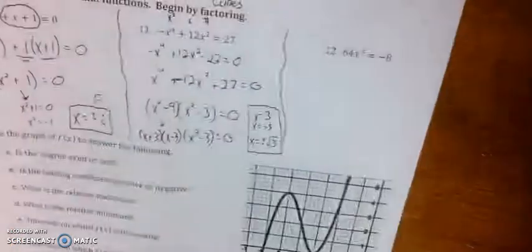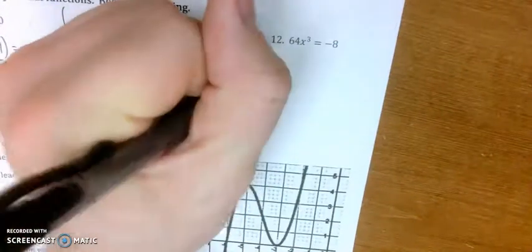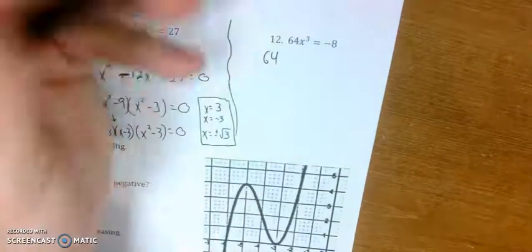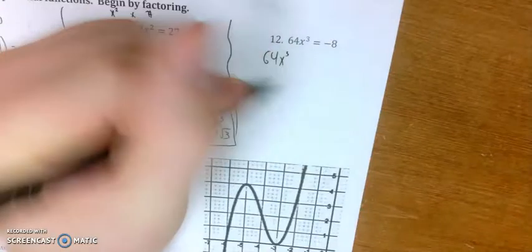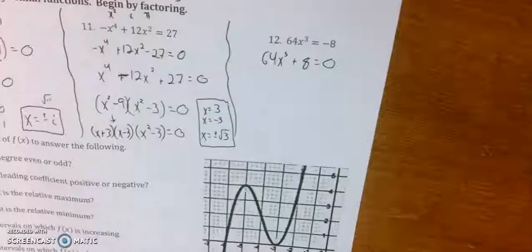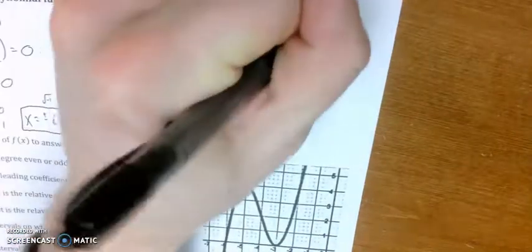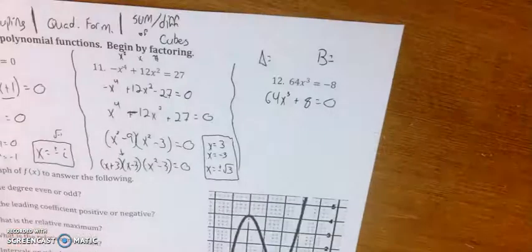All right, number 12. Let's see. First and foremost, I like these things equal to 0, so let's go ahead and scooch that 8 over. It becomes positive when we do that. And this is looking like a sum of cubes pattern. So if it's a sum of cubes, I need to establish what is my a and what is my b values.